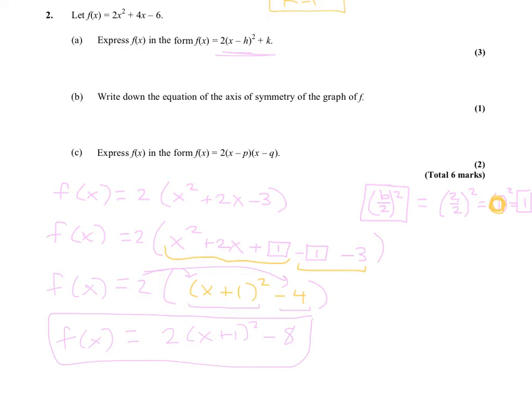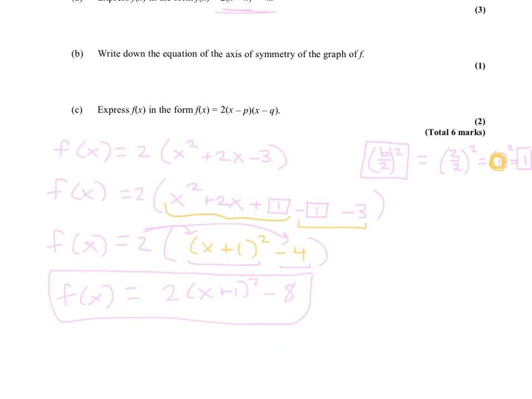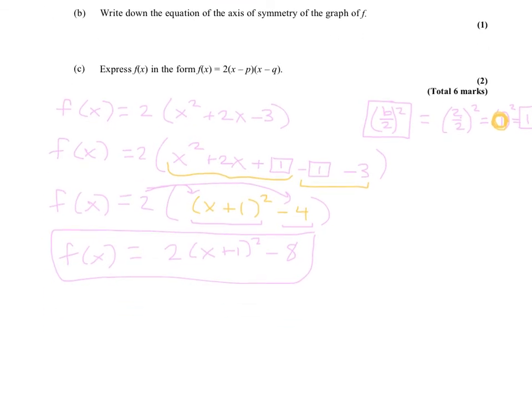Now, the next part of this equation asks us to write down the axis of symmetry. Now, the cool thing about the axis of symmetry is it's always going to be through the x value of our vertex, right? No matter where it is. So, looking at this equation, the way that we have our vertex form here, I can tell you right now that our vertex is -1, -8. Okay?